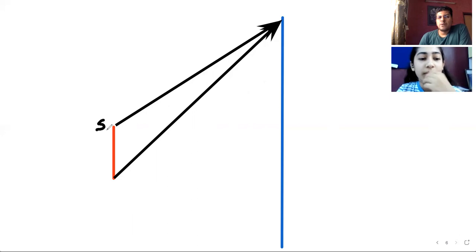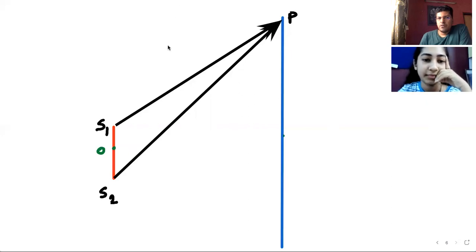This one is S1, slit number 1, slit number 2, and the point at which they are meeting is P. The midpoint of the slits is called O, and there might be some midpoint over here too. We don't strictly need it, but we draw it to make the geometry easy to understand.